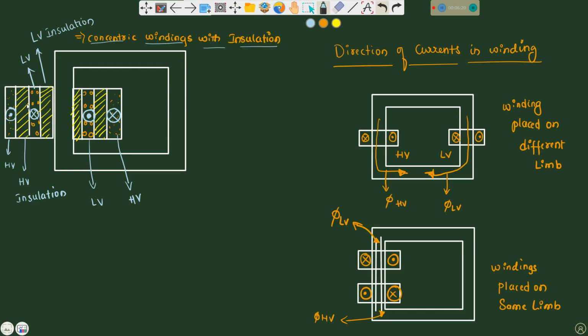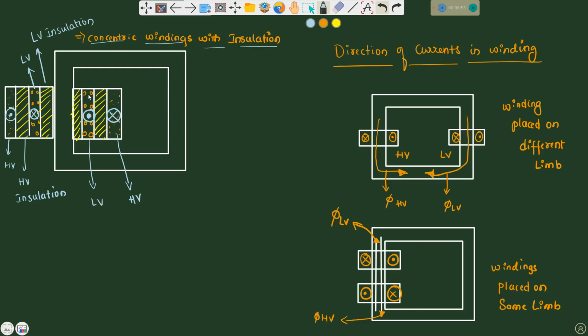This thick layer is the HV insulation, then we have the LV conductor windings, then the LV insulation, the same way on this side too. Understood? So leakage flux is reduced in concentric windings with insulation, which I have shown here.